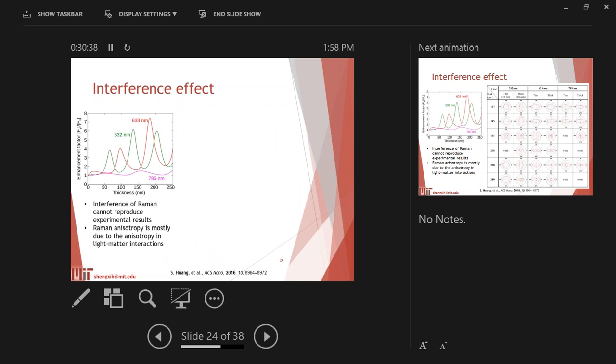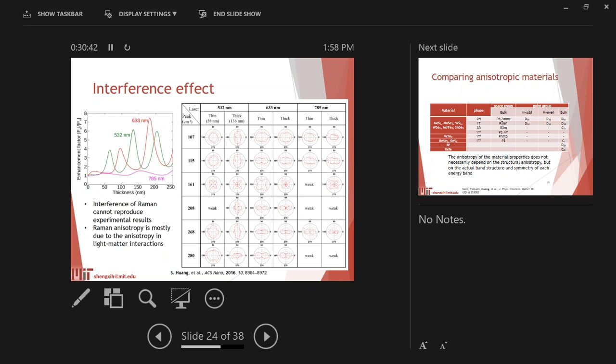And if we consider the interference effect for Raman measurements, we can see it actually cannot reproduce our experimental results. If you look at this one, this is the enhancement factor, or the Raman intensity along the y-axis and x-axis, and this is the ratio of them.